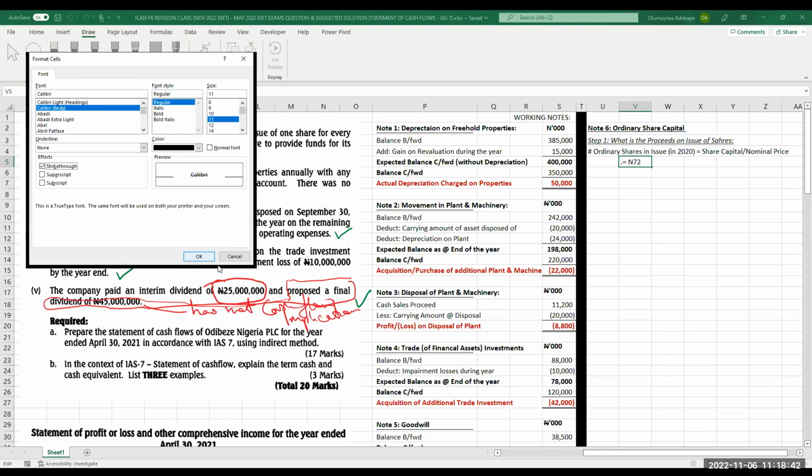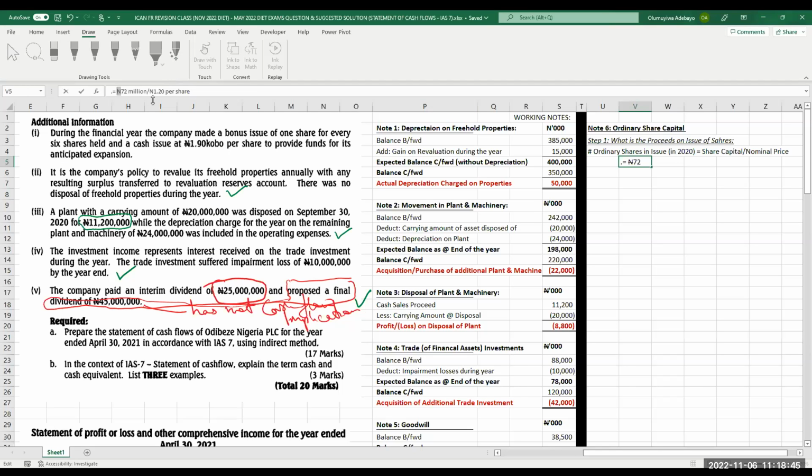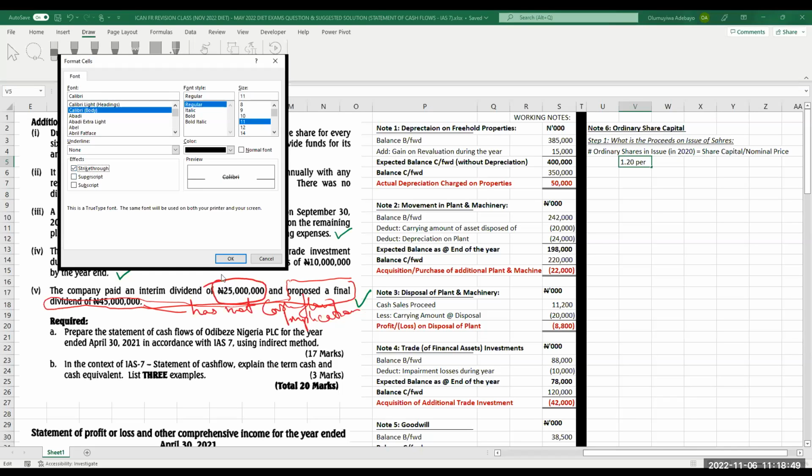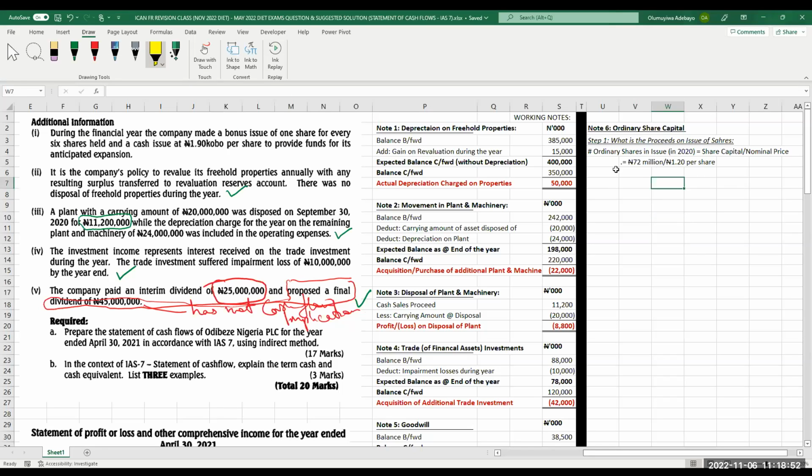Therefore, if you now use Excel to model it, what do we have? Which then means that my share capital, I'll put it there, 72 million.